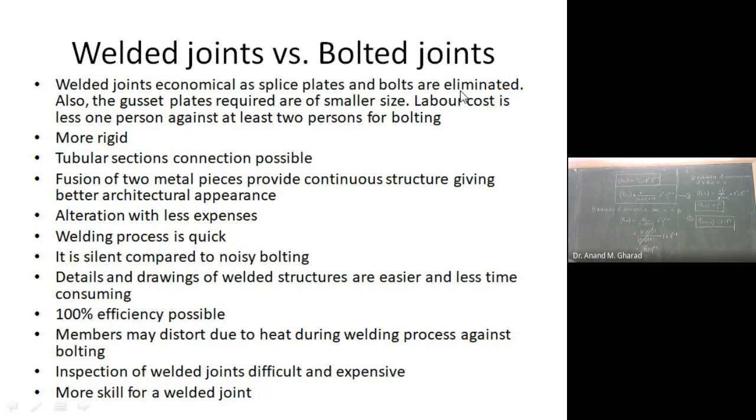I will let you know what exactly is the meaning of splice plate. Also, the gusset plates required are smaller in size. Labor cost is less, 1% against at least 2% for bolting. It is more rigid. Tubular section connection is possible.